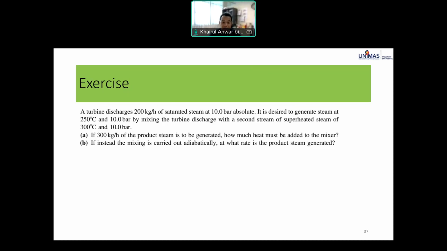So meaning the Q is zero, right? So the Q is zero, so delta H is zero. Then the delta H is zero, and you can calculate for the m.